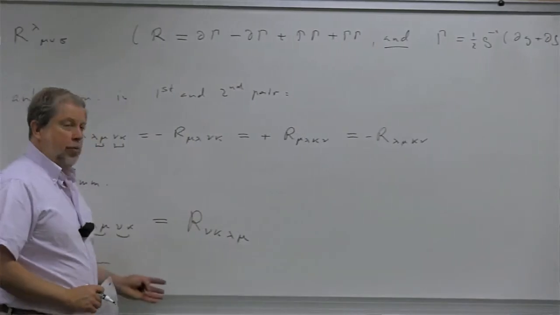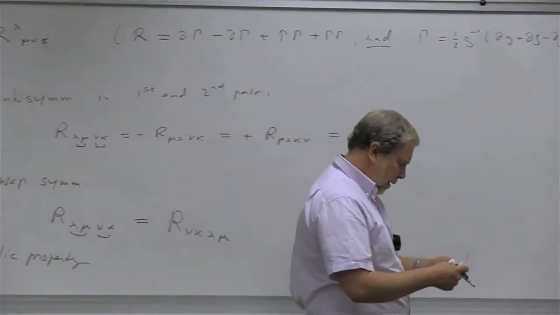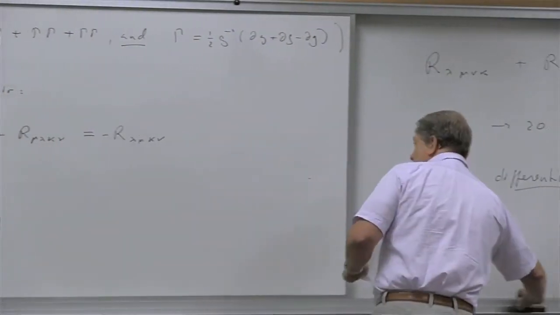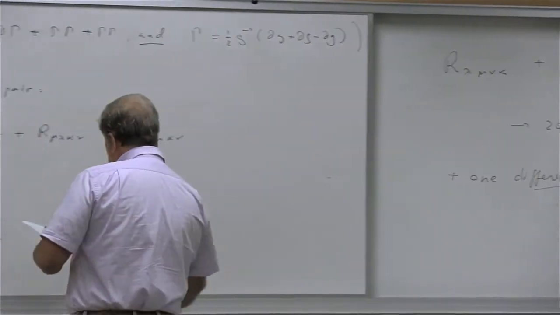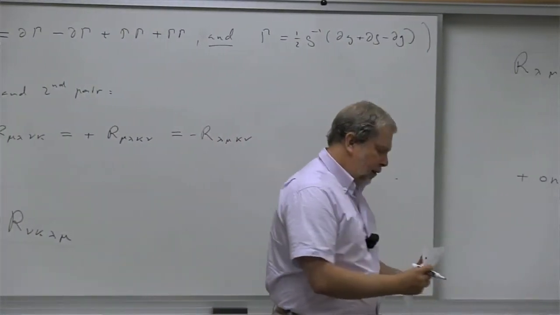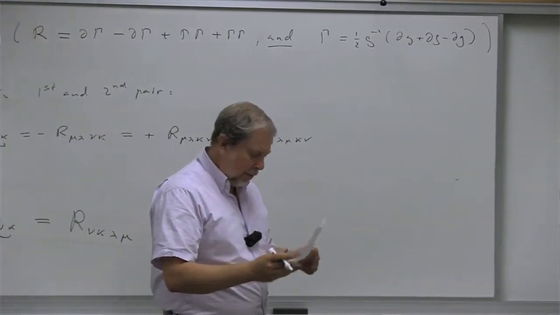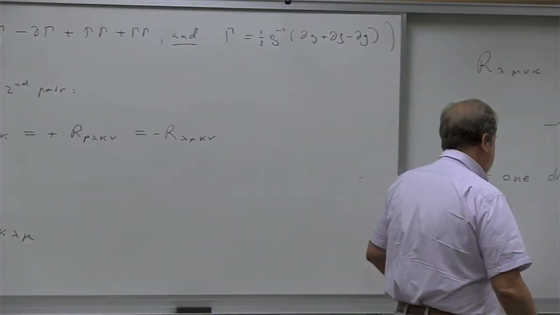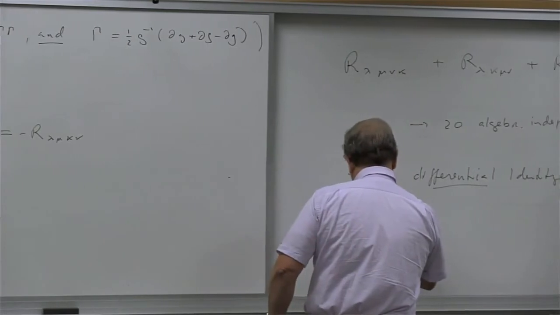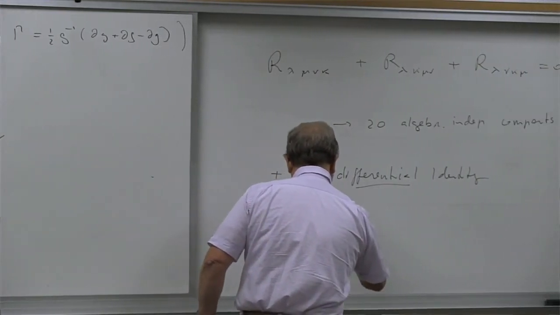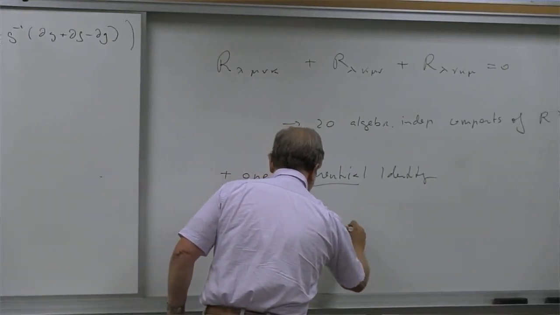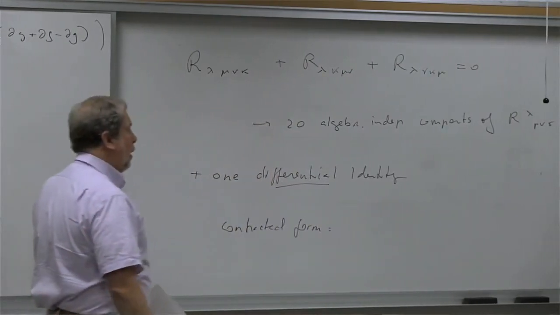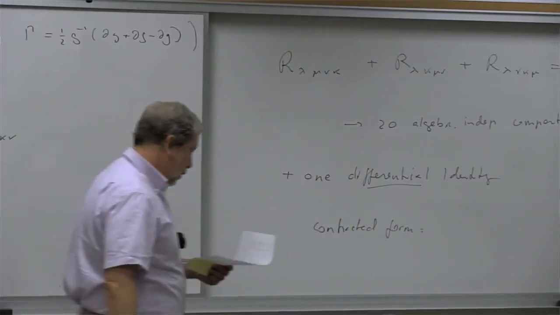These are just algebraic properties, but the next one has to do with the derivatives, and there is both a contracted and an uncontracted form. So let me just give the one that will be useful later on, and that is a contracted form. We're out of time today, and you can read more about this in various books.